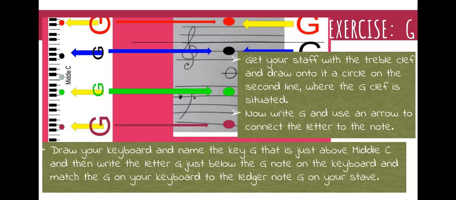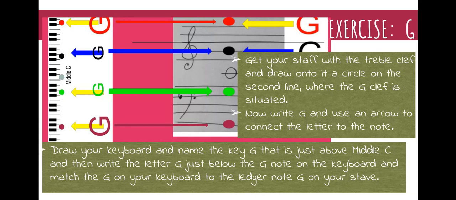What I need you to do is to draw your own staff with a treble clef, and then draw the circles on there. So draw your treble clef, G clef. Draw the note on the second ledger line, which is the G from the G clef. Draw another note just above the fifth ledger line, and colour it in red if you've got felt tip pens and pencils.